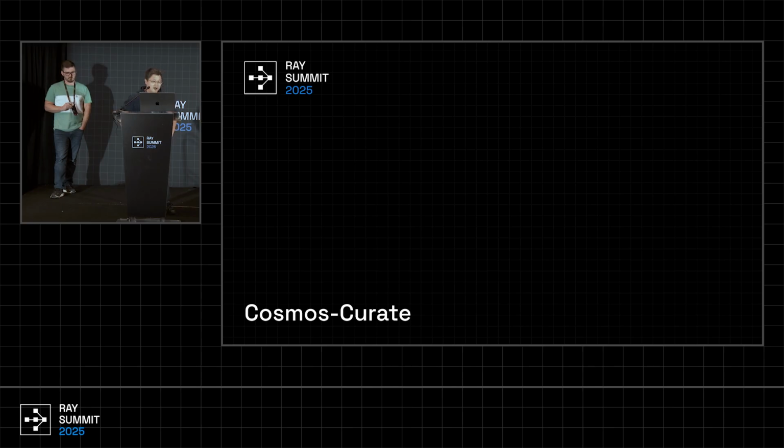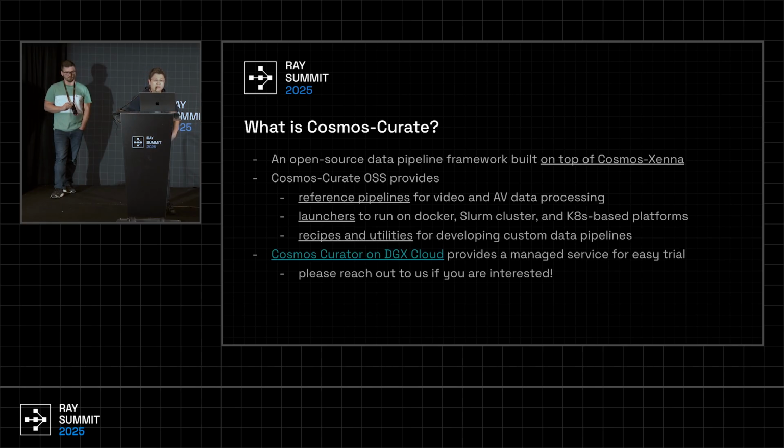Next, we will be talking about Cosmos-Curate. It is another open source project, a data pipeline framework built on top of Xenna. This open source Cosmos-Curate first provides several reference pipelines for video processing and also AV data processing.